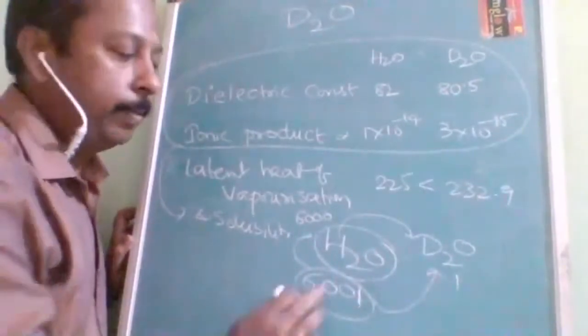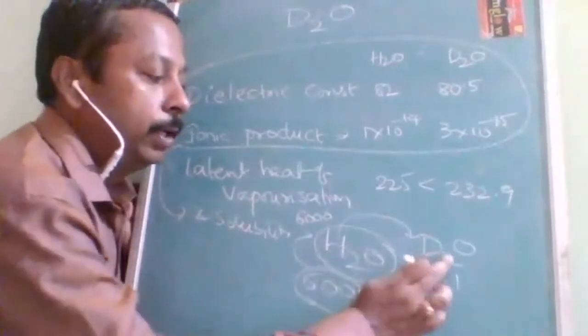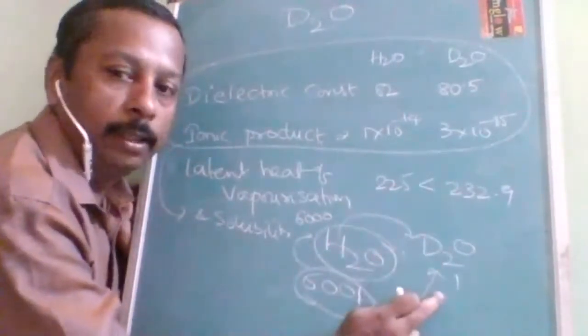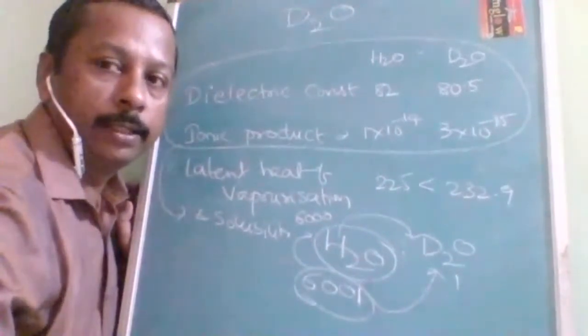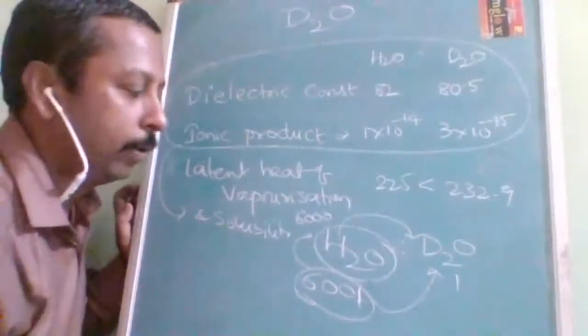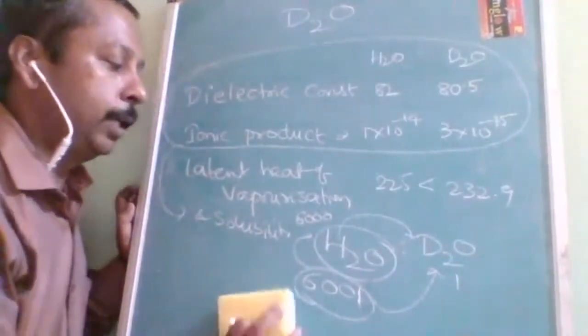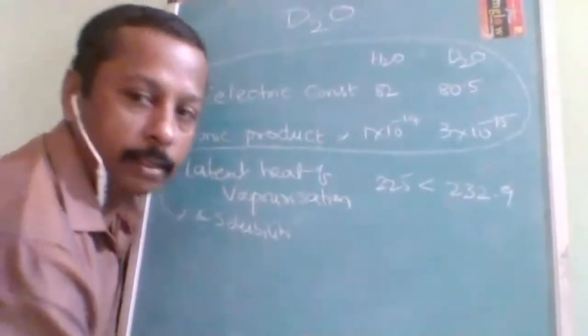If the ratio is of H2O to D2O, it is 6000 to 1, otherwise 1 to 6000. That ratio will be interchanging depending on the question. You should make sure that the H2O quantity is much larger in comparison to D2O.